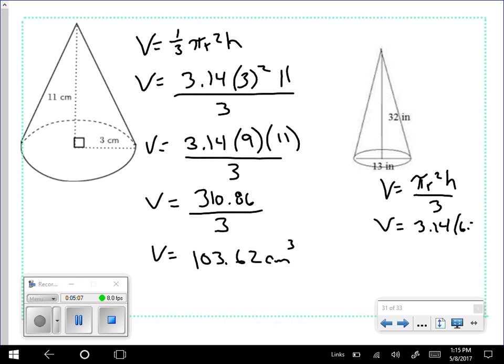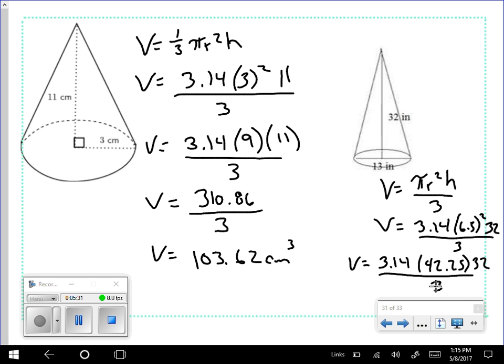So 6.5 squared, and then h is 32. And we're going to be dividing that by 3. So now we have 3.14. 6.5 times 6.5 is 6.5 squared, so that would be 42.25 all over 3. So calculator time for sure.